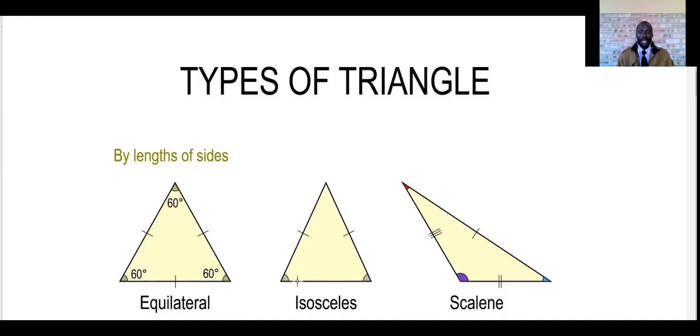The other interesting thing here is that the base angles of these 2 sides that have got the same length, this and this other one here, they have the same value. Okay, these 2 sides have got the same length. These 2 angles have got the same value. This type of triangle is called what? An isosceles triangle.